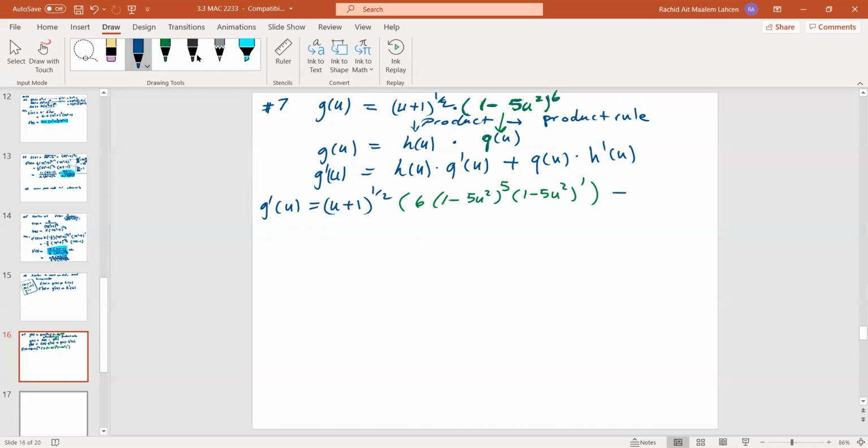Then we need to add q of u, which is just what it is, multiplied by h prime of u. H of u is (u plus 1) to the 1/2. So 1/2 times (u plus 1) to the 1/2 minus 1, times the inside derivative.